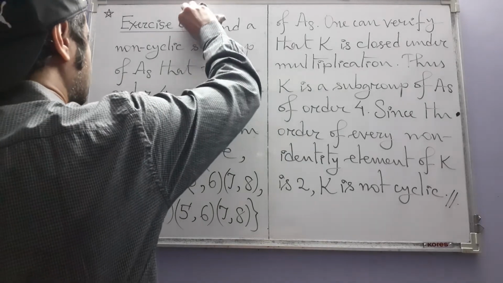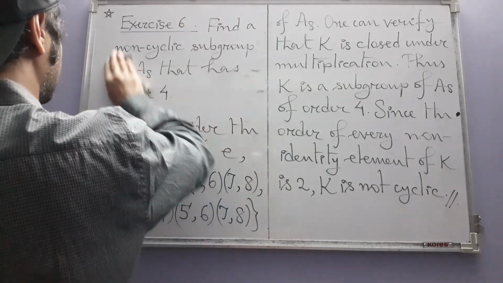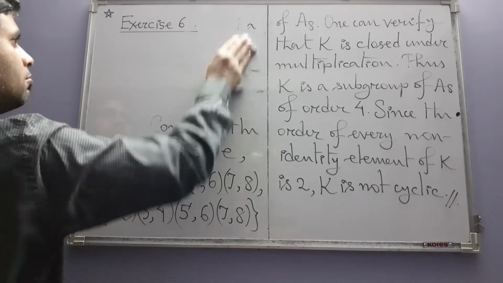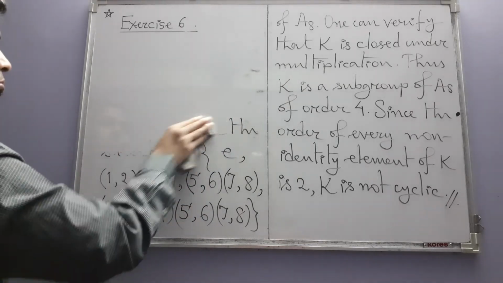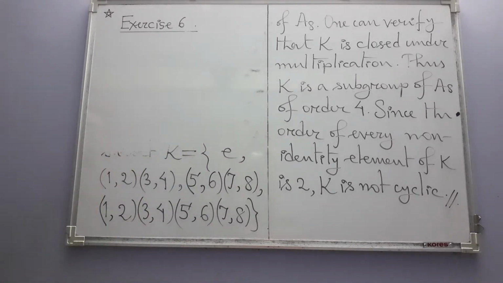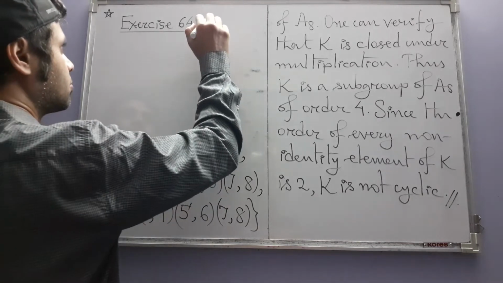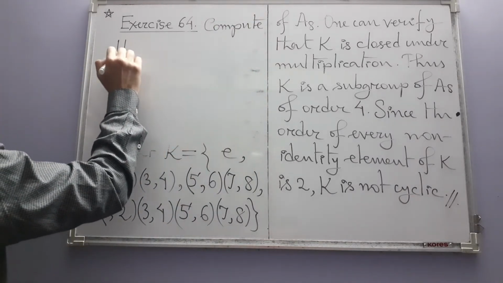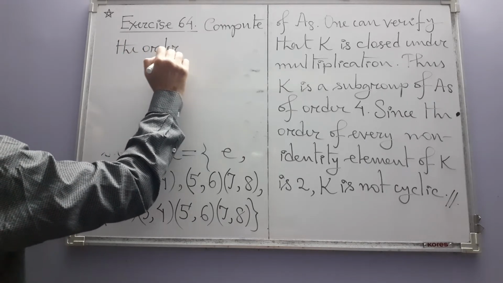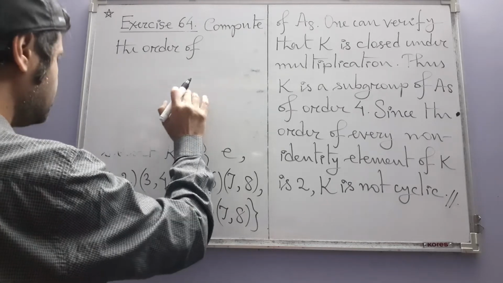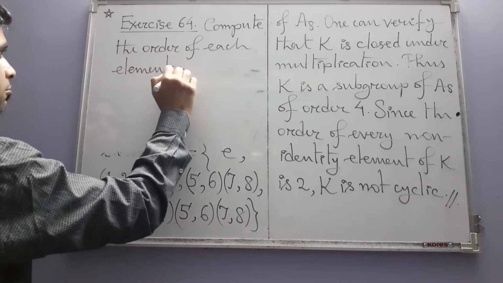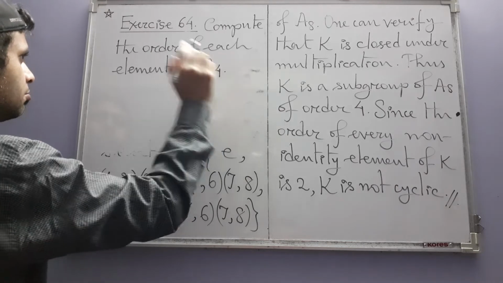Next, 64. Compute the order of each element of the alternating group A4.